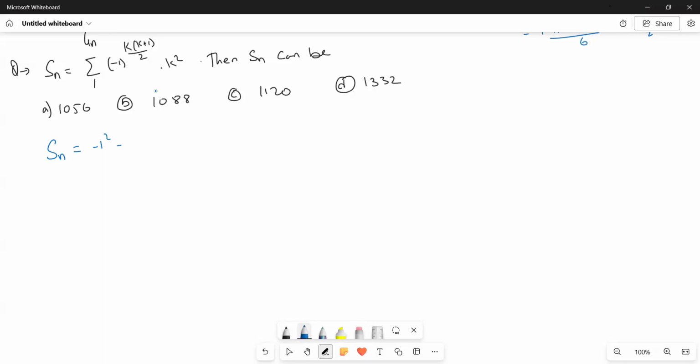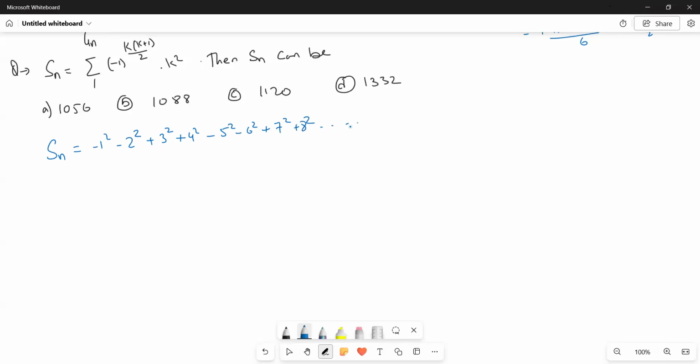The second term, k equal to 2, तो 2 3 by 2, 2 3 हो गया, -1 क्यूब would be a minus, तो -2 स्क्वायर. k equal to 3 would be 3 4, 2 रह जाएगा, इवन हो गया, तो +3 स्क्वायर. k equal to 4 पे 4 2 2 कैंसिल होके इवन रह गया, तो +4 स्क्वायर. फिर 5 डालेंगे तो 5 इंटू 6, तो 2 2 कैंसिल हो गया, 5 3 15 ऑड, -1 to the power odd, नेगेटिव हो जाएगा, -5 square, -6 square. So this is the pattern it will follow. 2 negative terms, 2 positive terms, 2 negative terms, 2 positive terms, and so on.